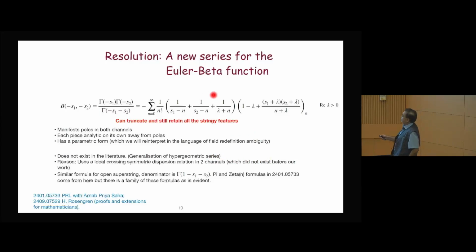And if you plug in various values of S1 and S2, for example, if you set S1 equal to -1/2, S2 equal to -1/2, you get pi. So this actually gives you a new series representation for pi, which did not exist in the mathematics literature either. And you can do a low energy expansion of this object and you'll get similar parametric formulas for the zeta functions.